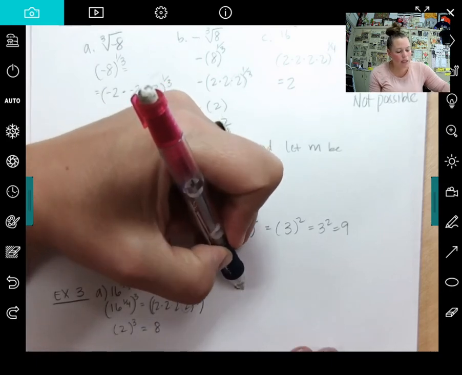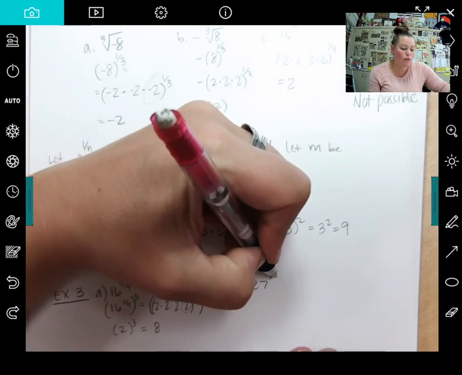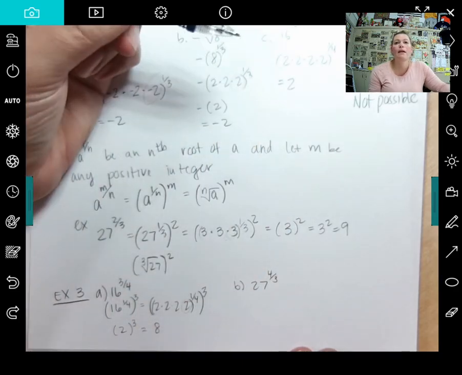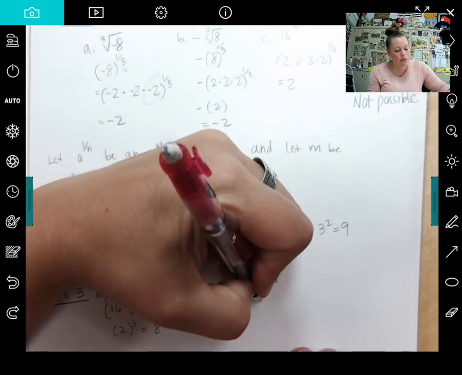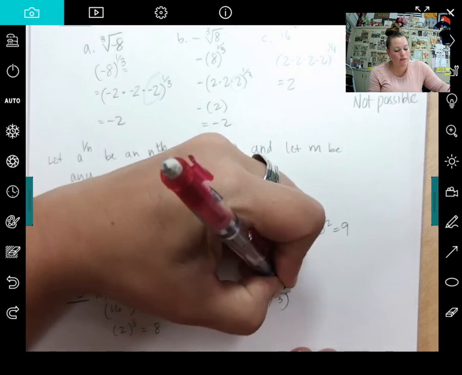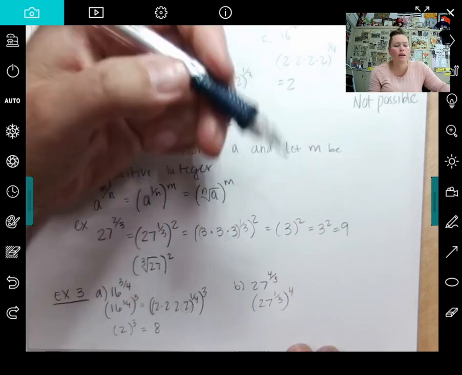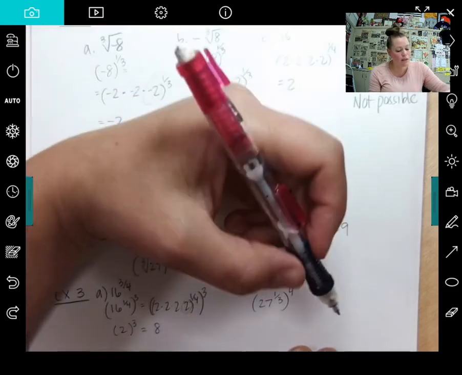For B, we have 27 to the 4/3 power. If we break it down like we did in the last one, so 27 to the 1/3 and then to the 4th power. What number times itself 3 times would give us 27?